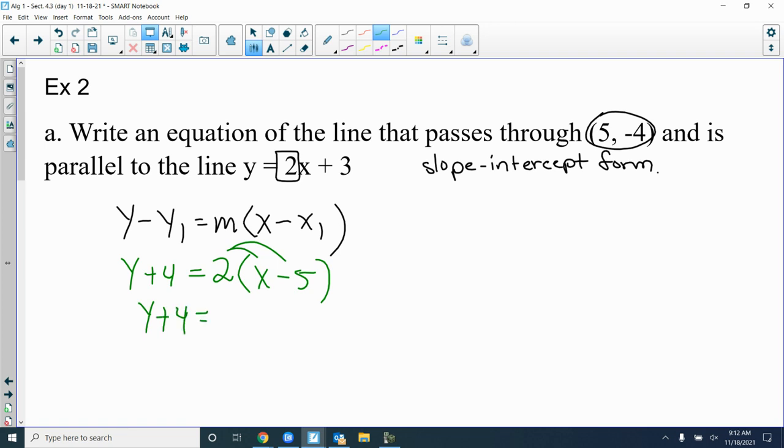What do you got? 2x minus 10. Okay, what do I do now? Emily, what do I do now to finish it? Minus 4 on both sides. Nice job. And what do you get? y equals 2x minus 14.